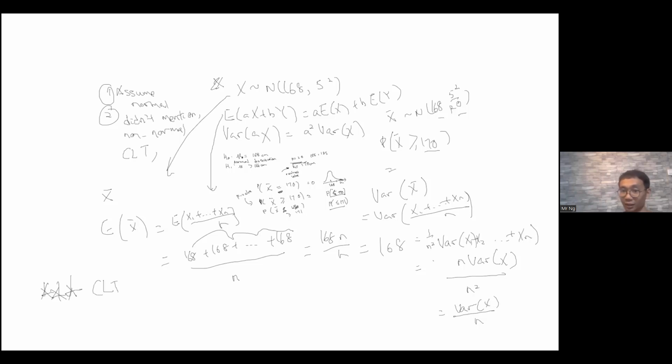CLT is not an assumption. That's why sometimes the question will ask, is any assumption needed or not? Then you will say no, because when the size is large, it will tend to a CLT naturally.